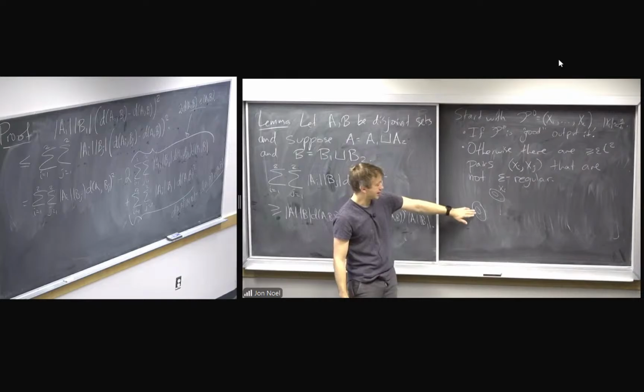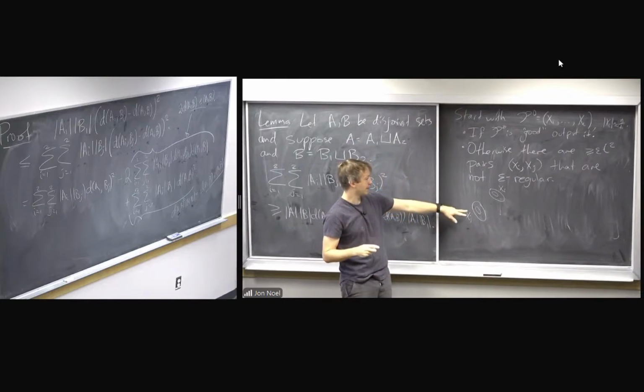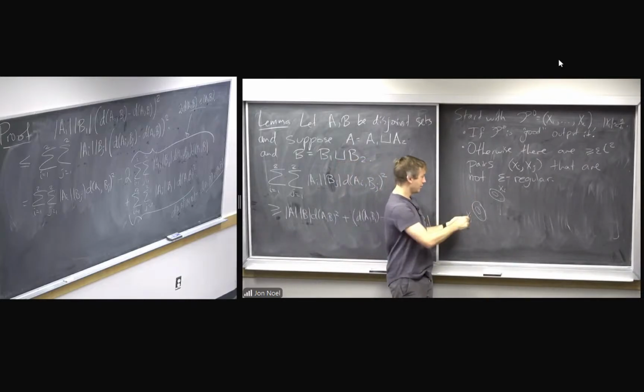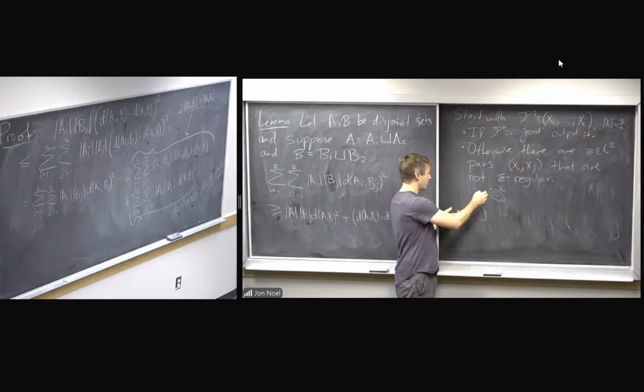So take that certificate and refine our partition by saying, okay, from the perspective of these two parts, I'm just going to cut Xi into two sets, this one and the complement. Cut Xj into two sets, this one and the complement.